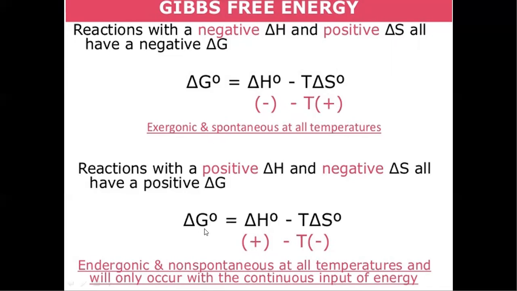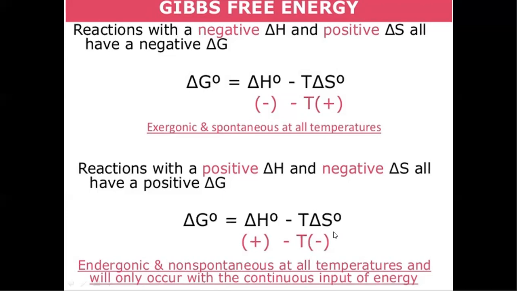The second case is delta H values will be positive. That means the chemical energy will be increasing. More potential and kinetic energy will be increasing due to more interactions between molecules and atoms. And delta S values will be negative. That means disorder will be decreasing.